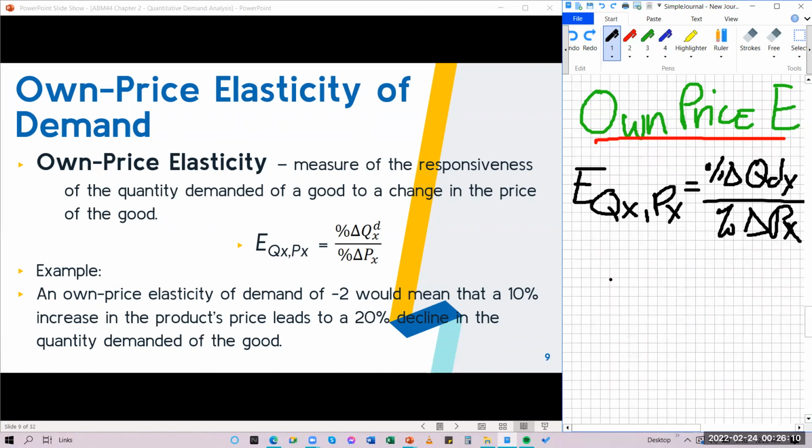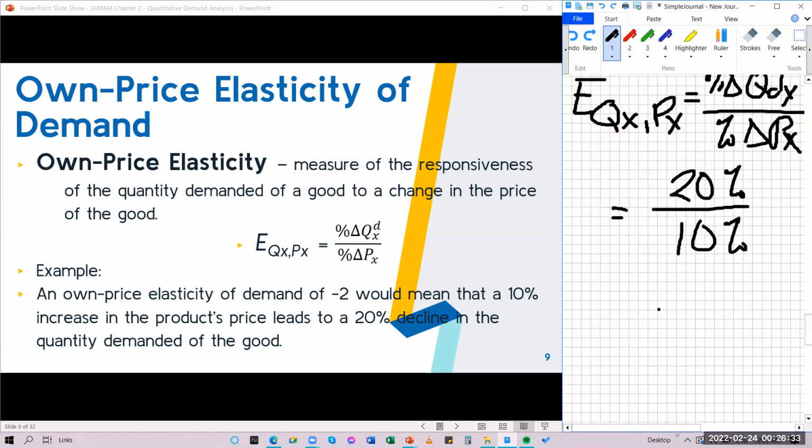As you can see in the example, there is a 10% increase in the product price and a 20% change in the quantity demanded. So that means we will have a 2, a 2% here. So the answer is a negative 2%.